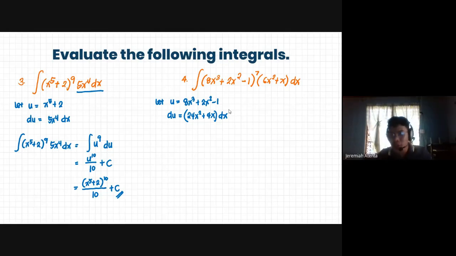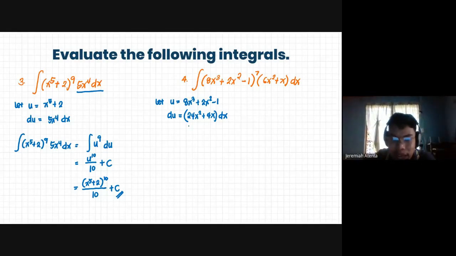But, take note, 24x squared plus 4x, you can express that one in terms of 6x squared plus x. Right? Anong gagawin nyo para maging 6x squared plus x siya? Pwede yan. Factor. What will be the factor? 4, right? So we will factor out 4.